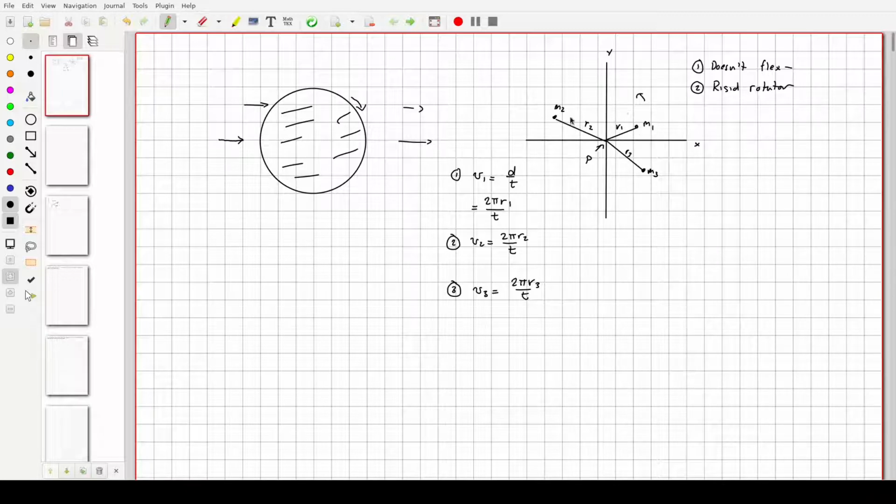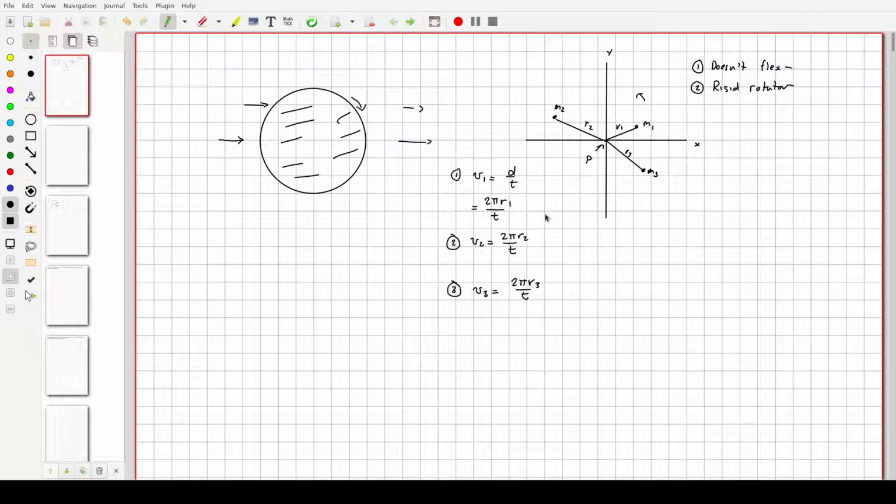If this thing goes around 2 pi radians in 5 minutes, this is going to go around 2 pi radians in 5 minutes as well. And so is this. So whereas their physical velocities, we call them tangential velocities, are all different, their angular velocities are all the same.